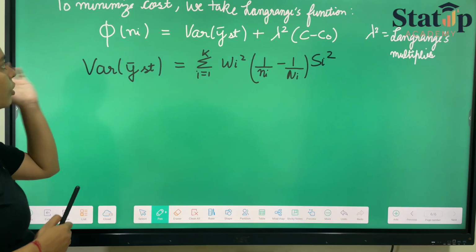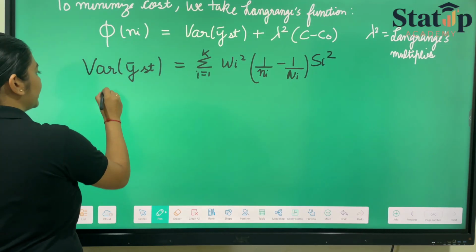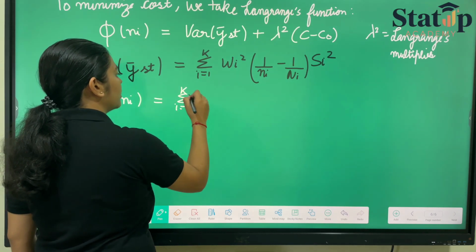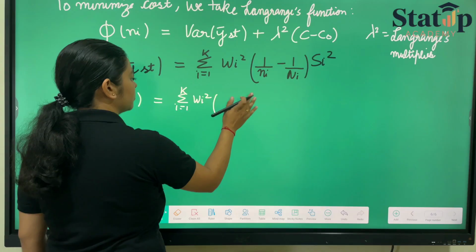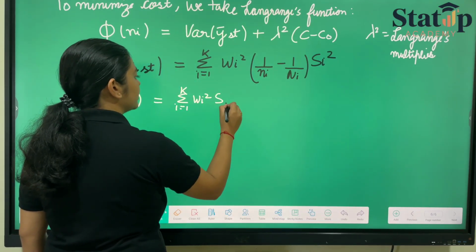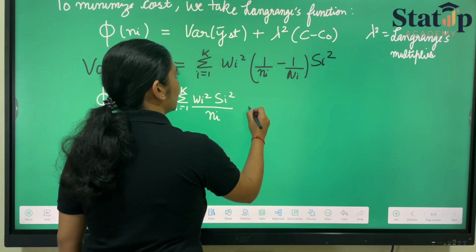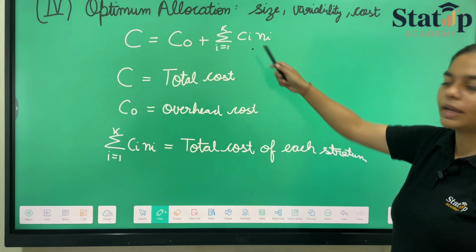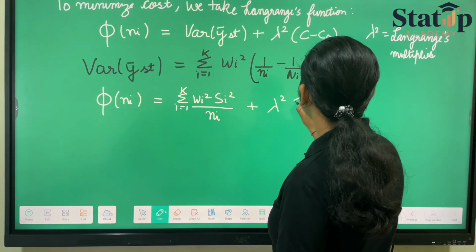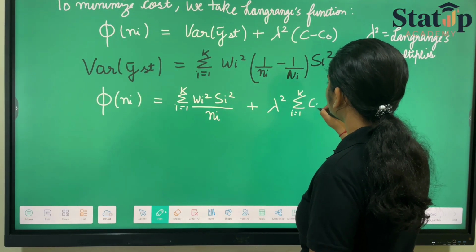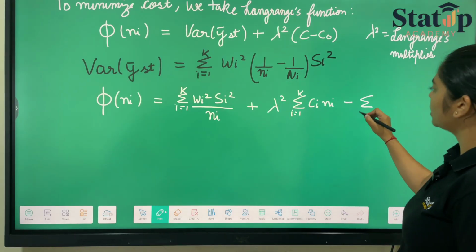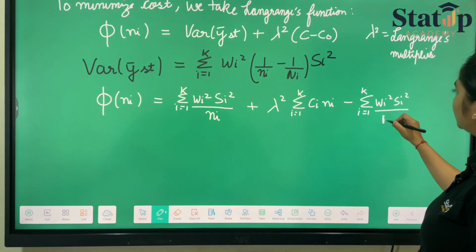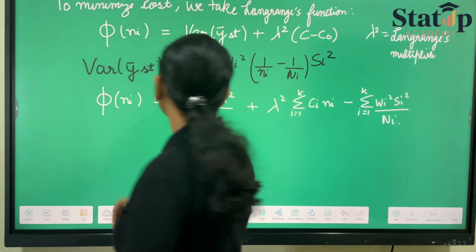So putting the values here, we get phi of ni is equal to summation i goes from 1 to k wi square Si square upon small ni plus lambda square. Now C minus C naught will be nothing but summation Ci ni. So summation i goes from 1 to k Ci ni minus summation i goes from 1 to k wi square Si square upon capital Ni. This will be our function of lambda.